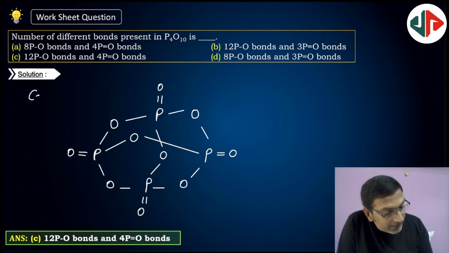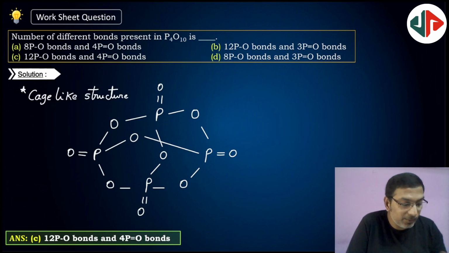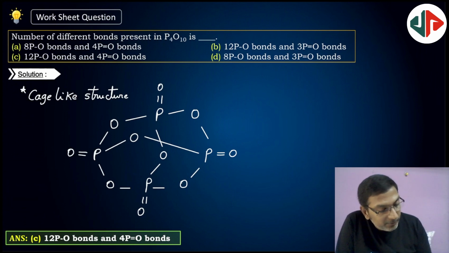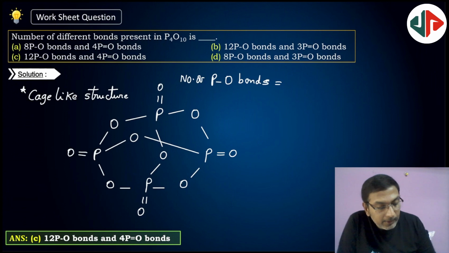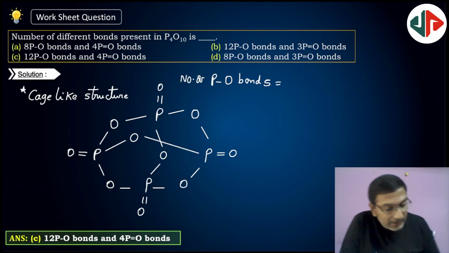Cage-like structure. Now count the number of bonds, types of bonds. P single bond O's and P double bond O's. So number of P-O single bonds equal to how many? 1, 2, 3, 4, 5, 6, 7, 8, 9, 10, 11, 12. 12.